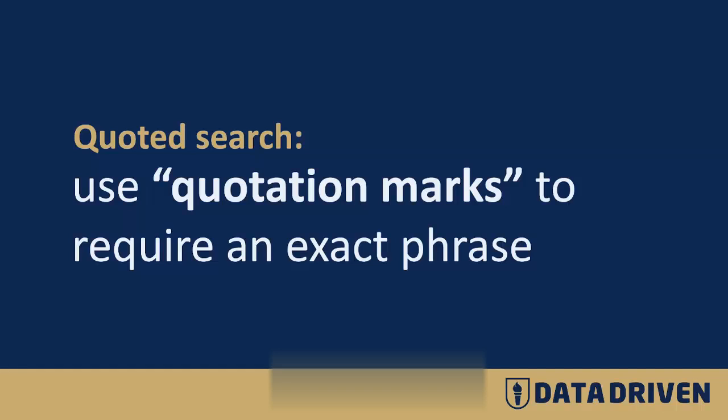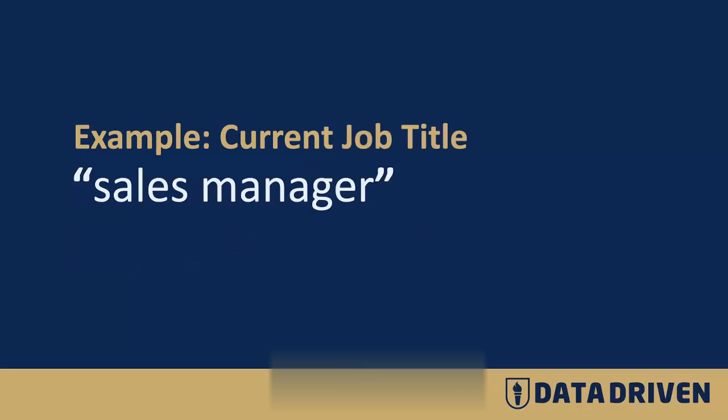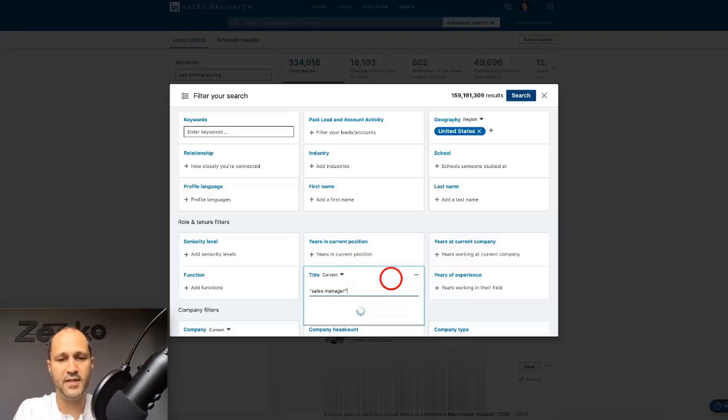Then there is quoted search, and you're going to use this one all the time. What a quoted search does is you're going to add quotation marks, and it's going to require an exact phrase. An example would be current job title, sales manager. With these little quotation marks, it's only going to show me people that have as their current job title this exact phrase, sales manager.